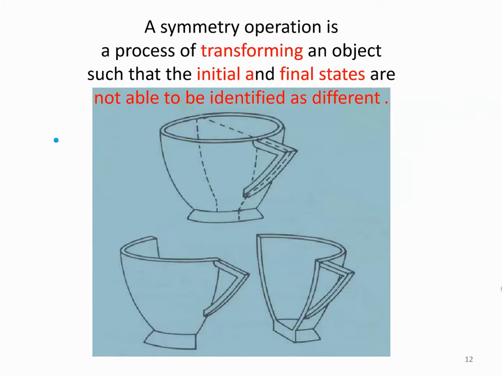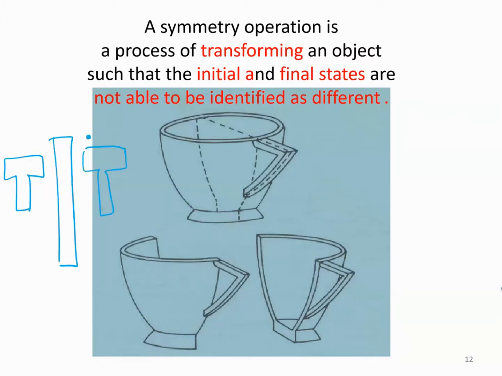However, for the mirror plane, if I have one lattice point looking like this, after the mirror plane it will look like this, right? These two are exactly the same, except this is left hand and this is right hand, or this is right hand and this is left hand. So these 2 atoms or lattice points have different handedness.